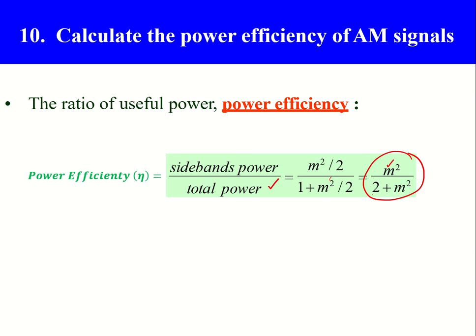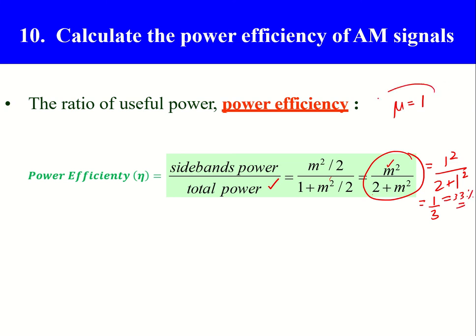So if we have, for example, perfect modulation, perfect modulation means your modulation index is 1. In that case it will be 1 square divided by 2 plus 1 square, so that will be 1 over 3, which is basically around 33%.